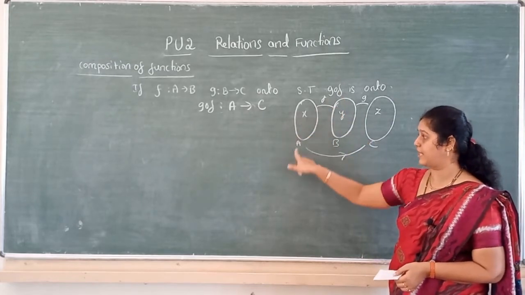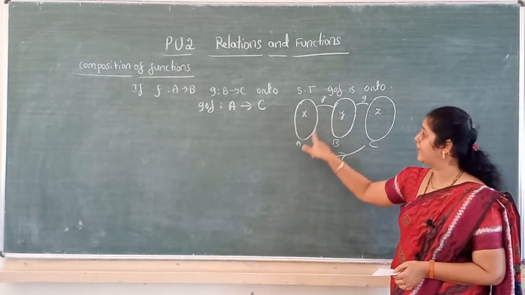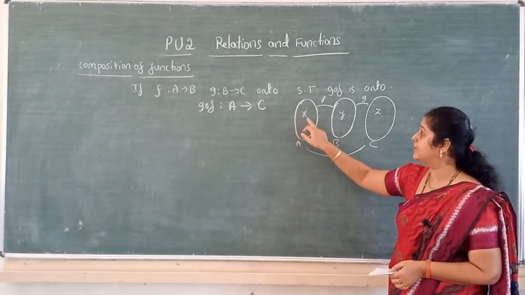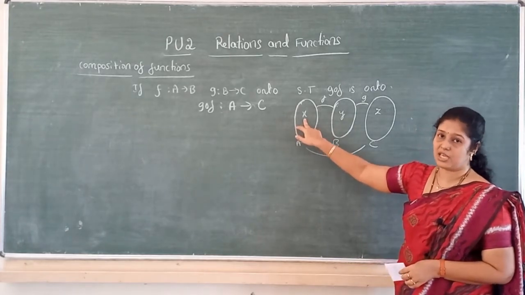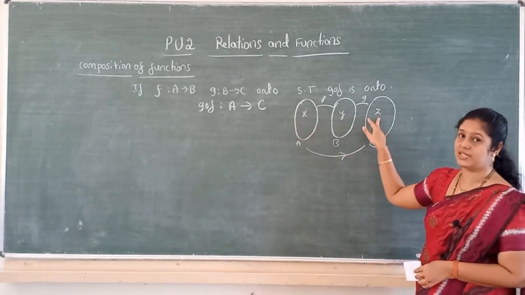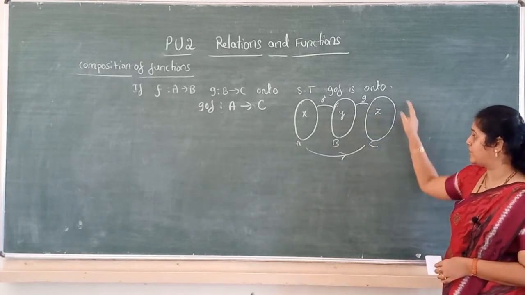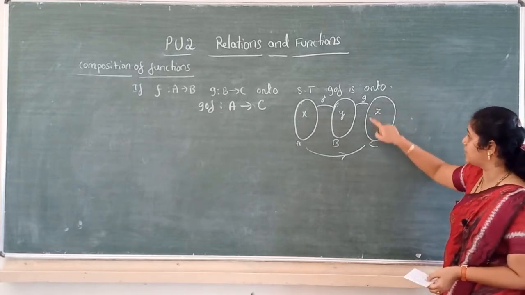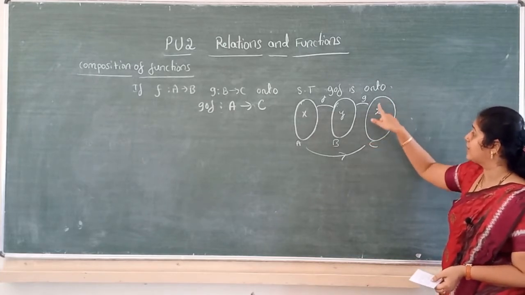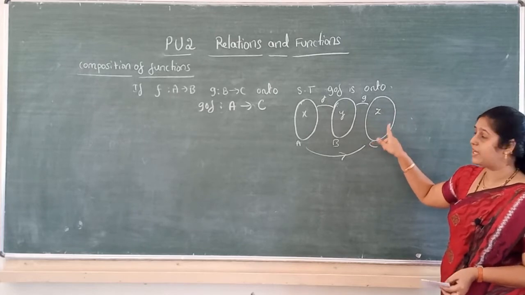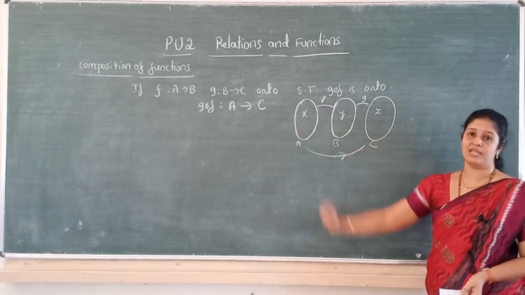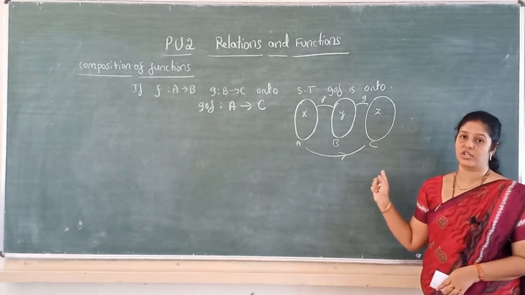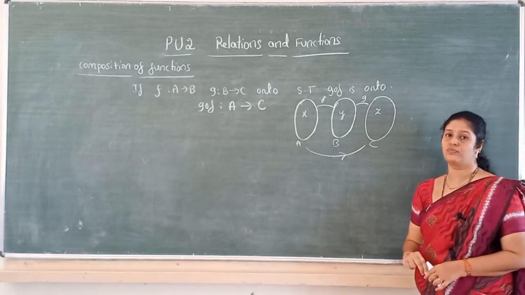The domain for g of f is A, and the image is in C, the codomain set. If any element in the codomain set is the image of some element in the domain set, then g of f is said to be an onto function.